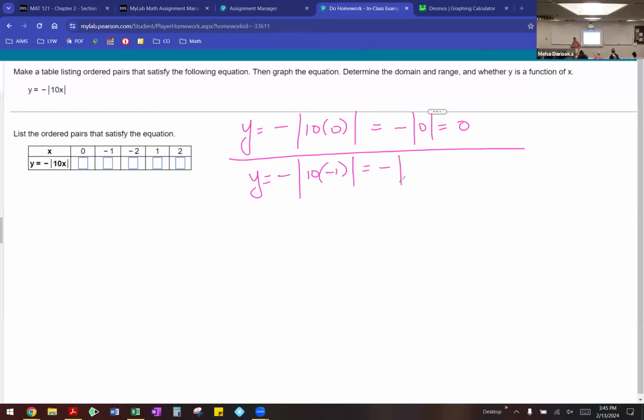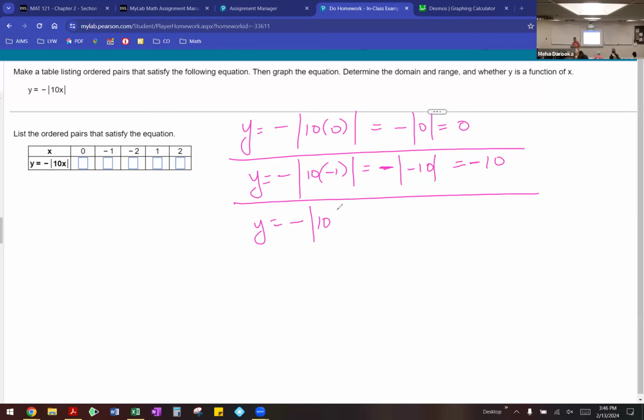Let's check. Inside the absolute value, we're multiplying 10 with negative 1, which will make it negative 10. But absolute value itself makes a number positive. But remember, we have this negative in front, so no matter what, your answers will always end up becoming negative. Okay, that was the second number.